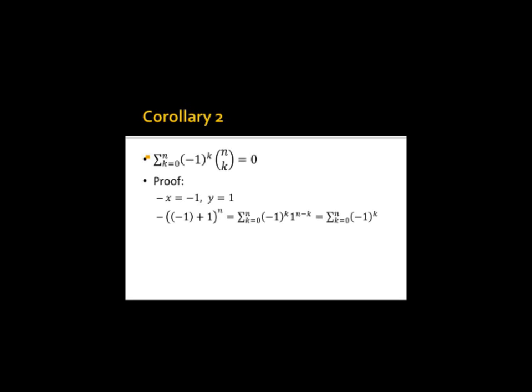So if you take the expanded form of the binomial theorem, you make x equal to negative 1 and y equal to 1, and then it looks like this when you write it all out: (-1 + 1)^n. And then if you write it in binomial theorem, you have the sum from k equals 0 to n of n choose k times (-1)^k times 1^(n-k). And 1 to anything is just itself. So you simplify that to the sum from k equals 0 to n of n choose k times (-1)^k.